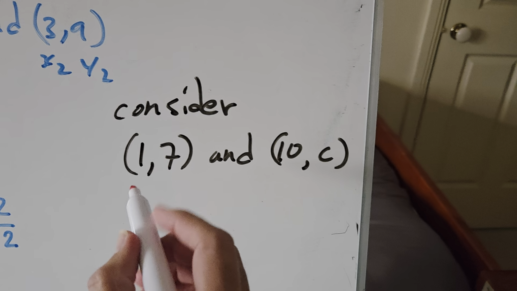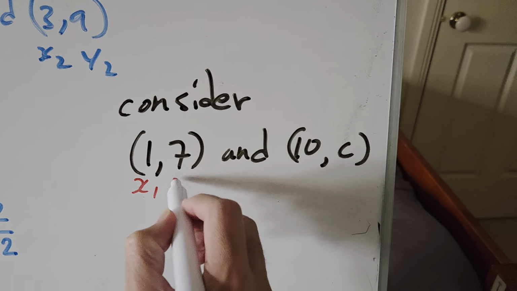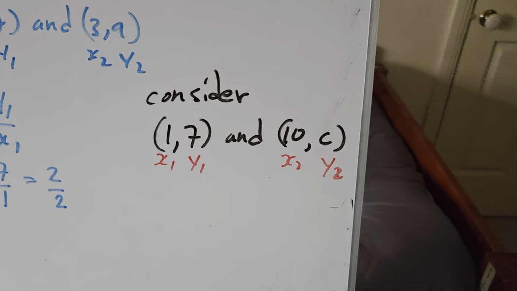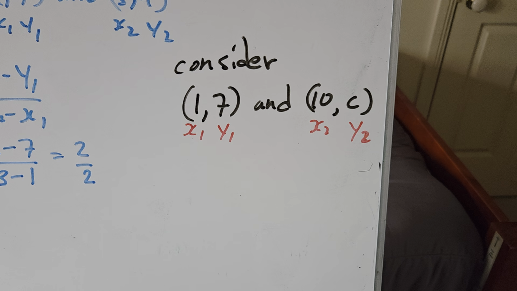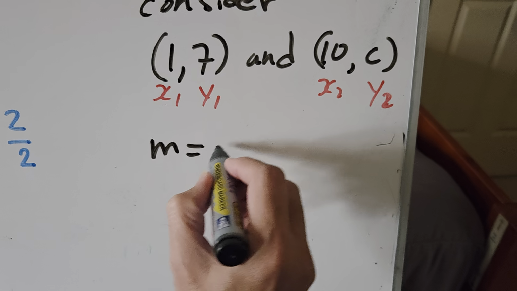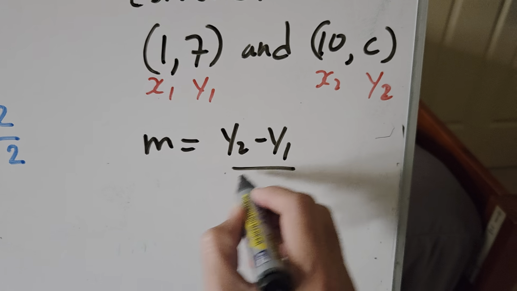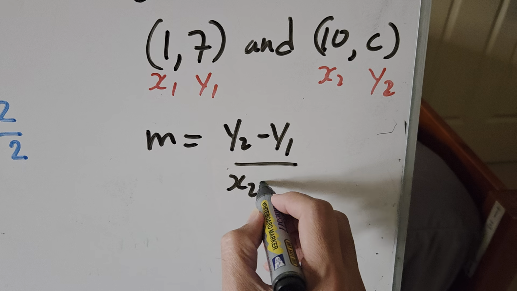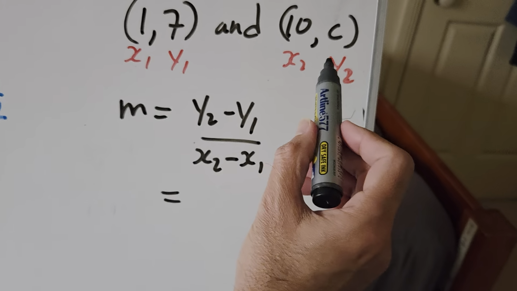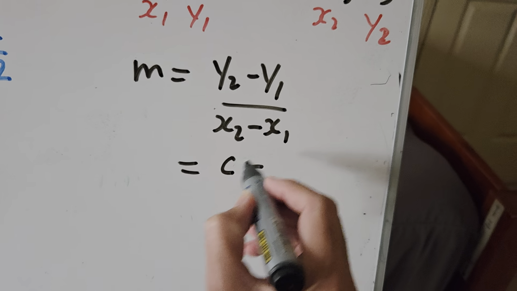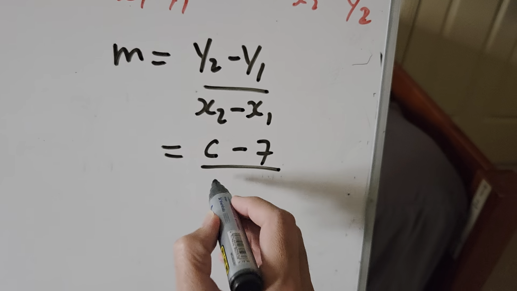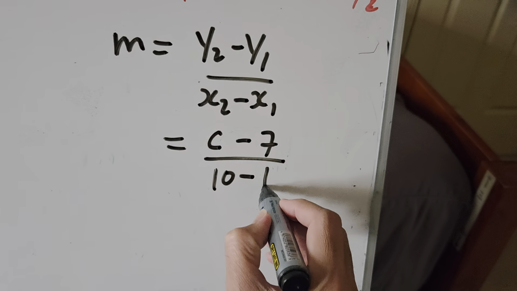Next step, classify x1, y1, and that one is x2, y2. The gradient formula is m equal to change in y over change in x, y2 minus y1 over x2 minus x1. Let's plug in the values. y2 is C, y1 is 7, x2 is 10, and x1 is 1.